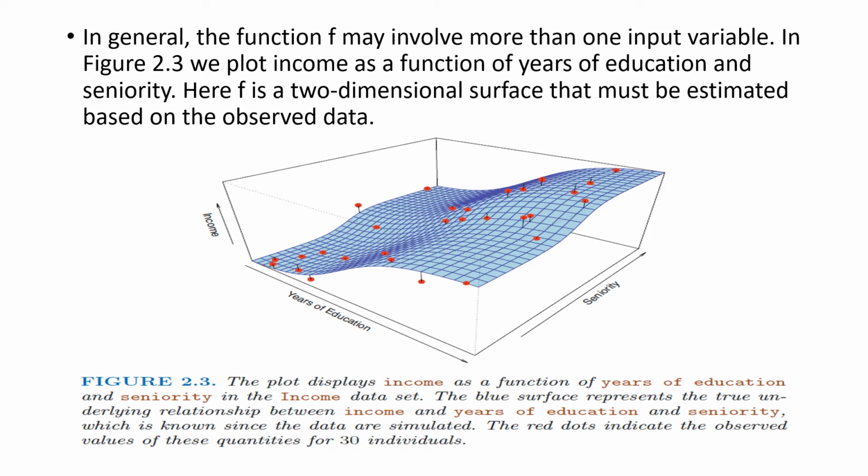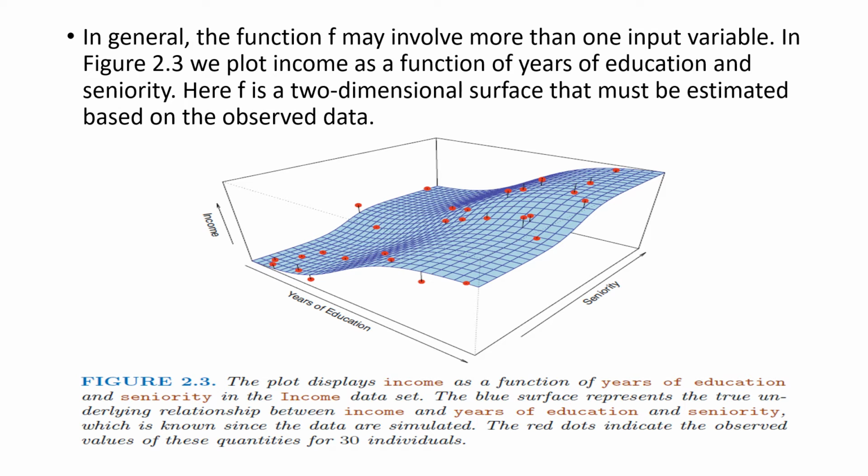In general, the function f may involve more than one input variable. In Figure 2.3, we plot income as a function of years of education and seniority. Here f is a two-dimensional surface that must be estimated based on the observed data. Figure 2.3.